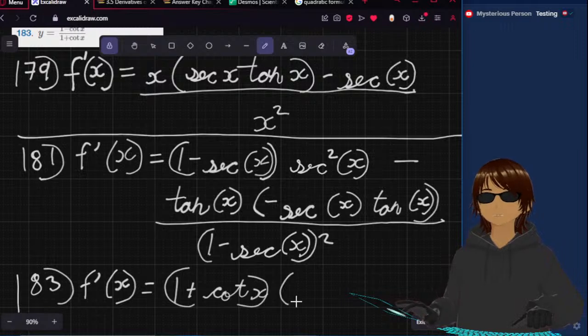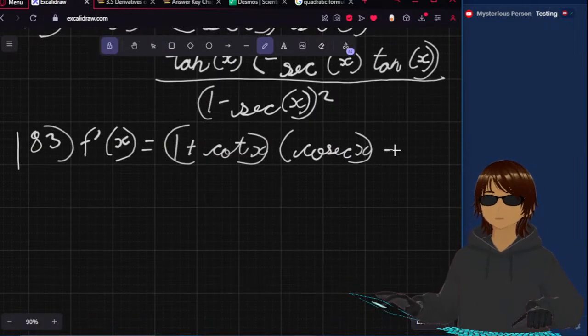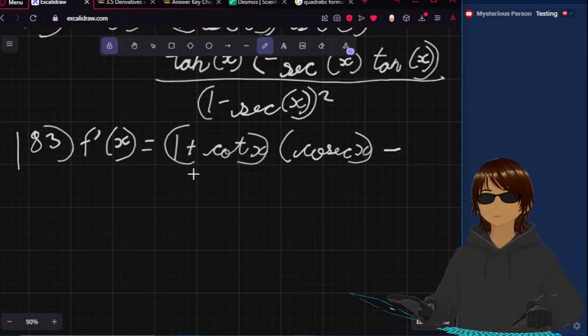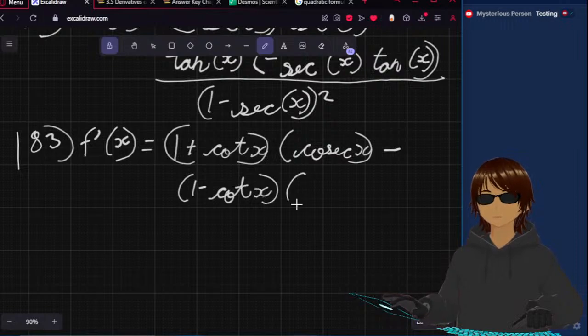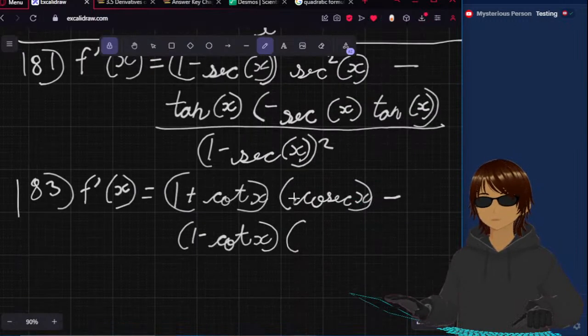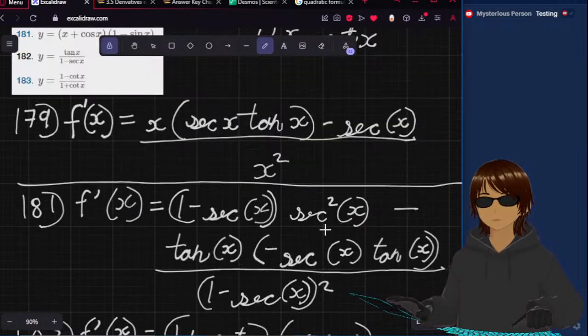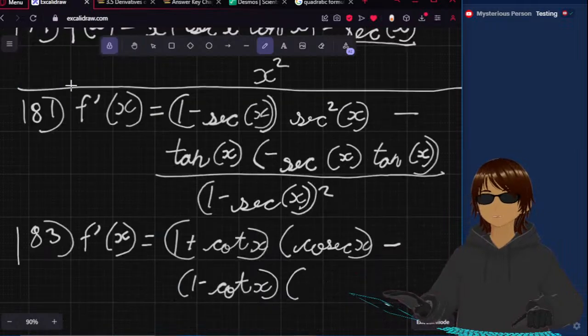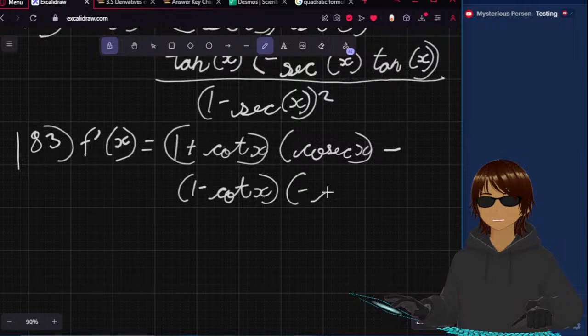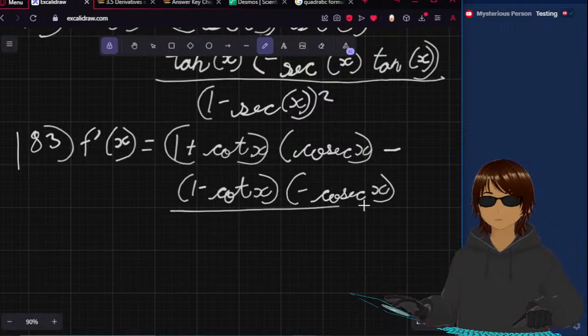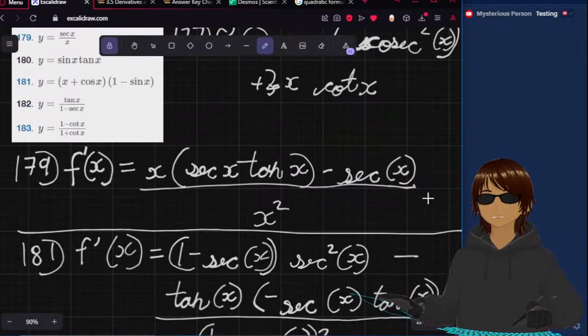So minus minus cancel. Low d high minus high d low. Again. Wait. Low d high minus high d low. Bottom squared.